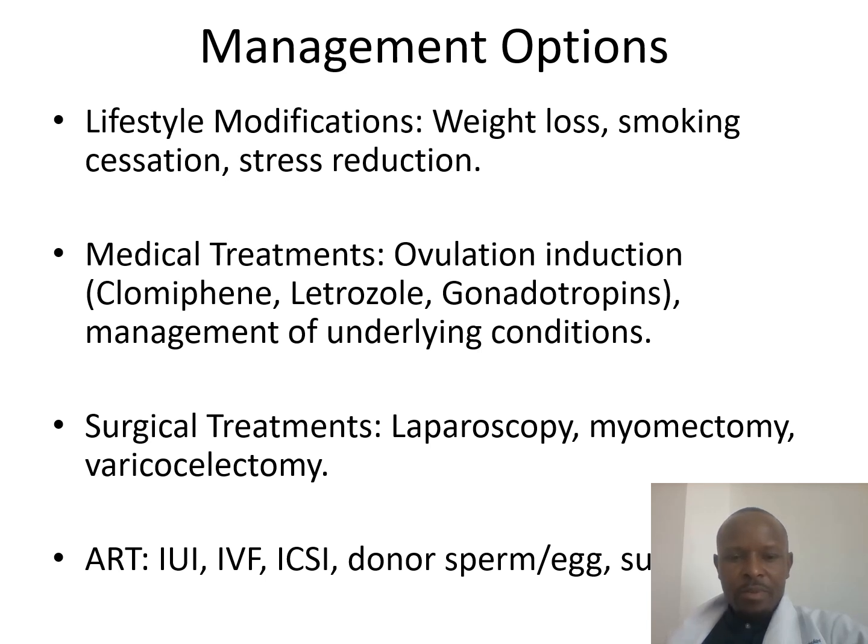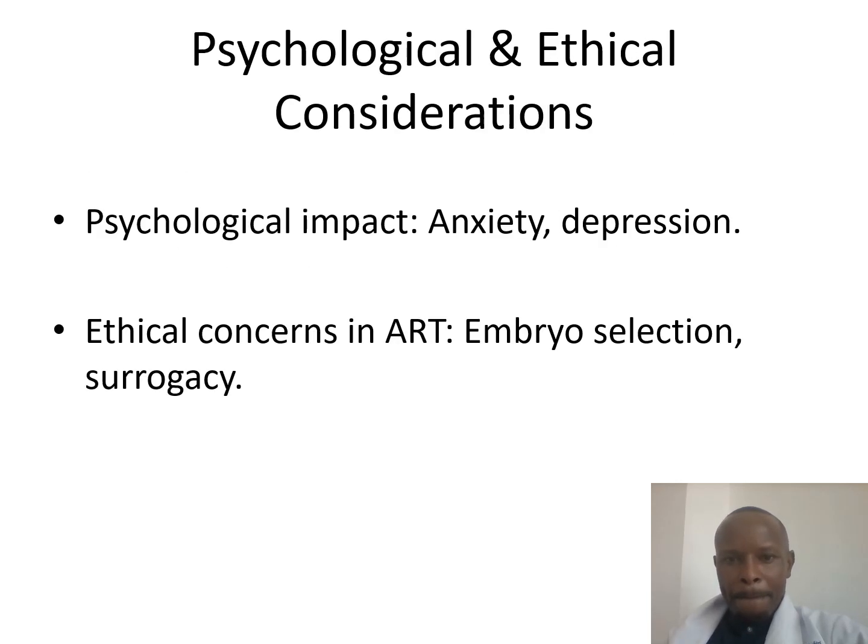Then assisted reproductive techniques like intrauterine insemination, in vitro fertilization, and the various varieties of assisted reproductive techniques. Do not forget the psychological aspect, because these are couples or women or men who have undergone social stigma, who have also faced a lot of anxiety, they have spent a lot of money.